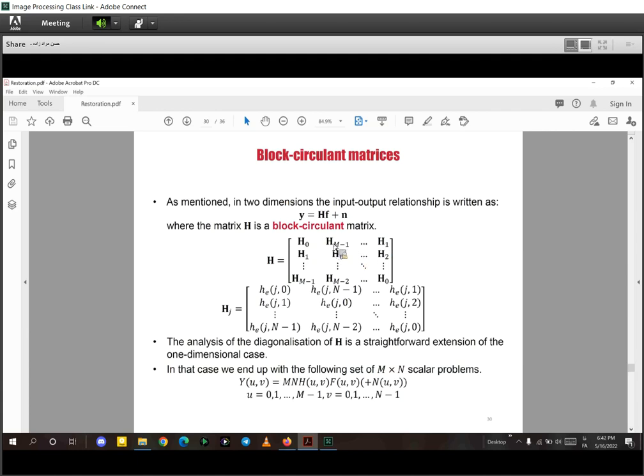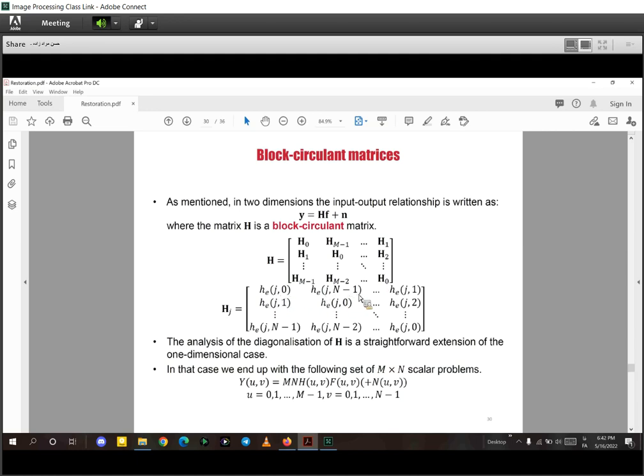H0, H minus 1, H minus 2 to H_{M minus 1}, and so on, with H1, H2 through the last one, H_{M minus 1}, H_{M minus 2}, H2, H1, H0. And Hj, for example, for one dimension.